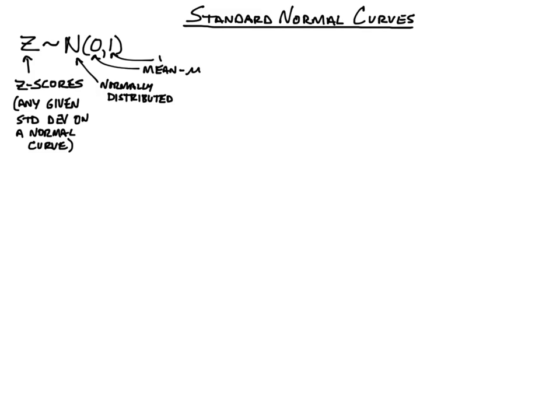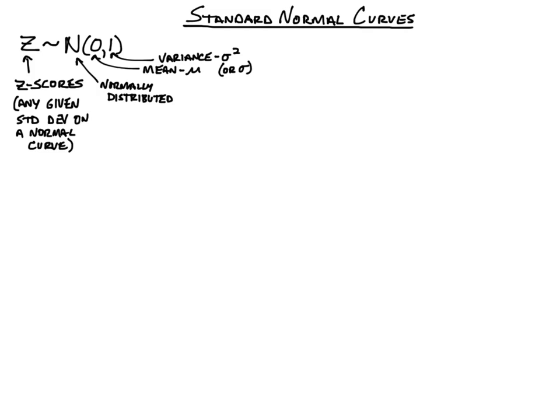And the 1 here is our variance, which is our standard deviation squared, or in this case we can just consider it the standard deviation, because the square root of the variance is going to be 1, and standard deviation squared is 1. All those values are basically equal, so we don't have to distinguish one from the other, so we can just call it standard deviation or variance.